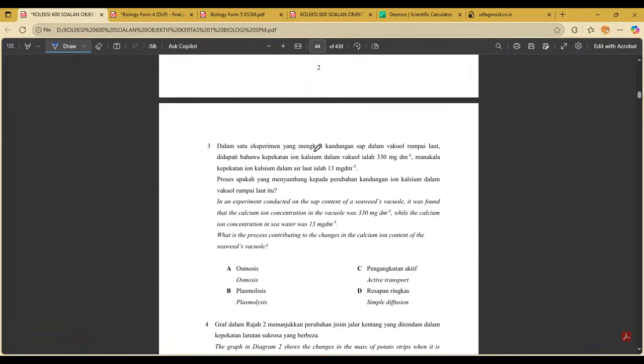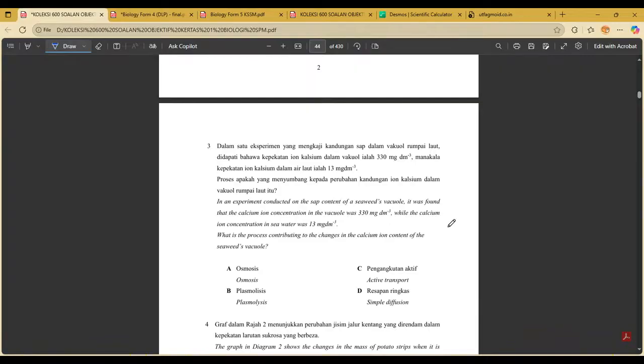In an experiment conducted on the sub-amount of a seaweed vacuole, it was found that the calcium ion concentration in the vacuole was 330 milligrams per decimeter cube, while the calcium ion concentration in the seawater was 13 milligrams per decimeter cube. What is the process contributing to the changes in the calcium content of the seaweed's vacuole?